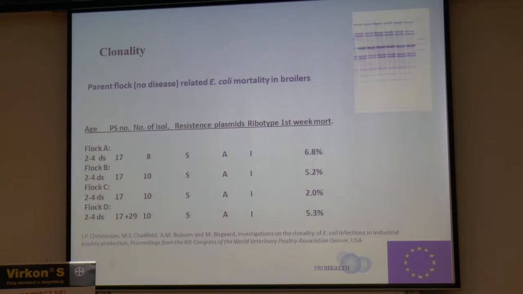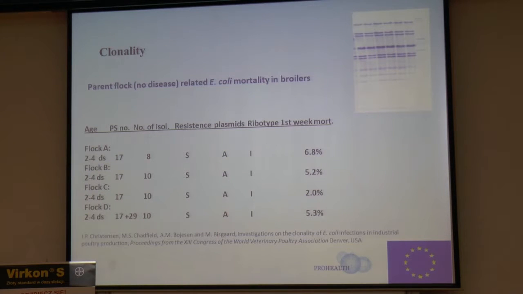We have the different flocks on the left, the number of isolates obtained from these flocks, and some characteristics of these isolates. They were all resistant, had the same plasmid, and the same ribotype, as seen up here, the genetic characterization, and there was increased mortality in some of these flocks.